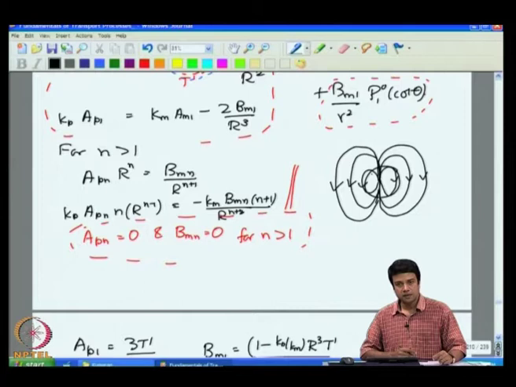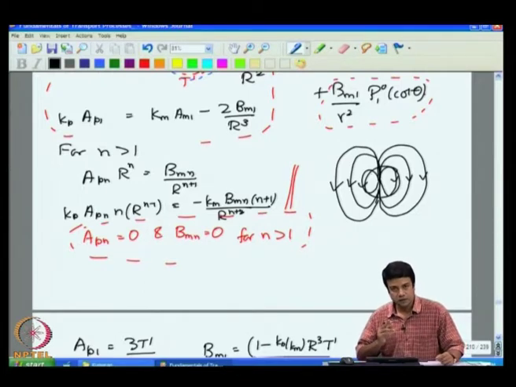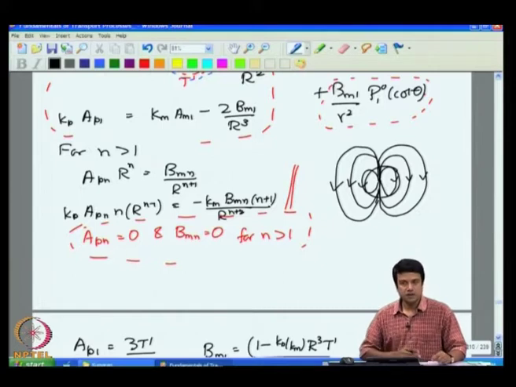So, these are the flux lines due to the dipole, which is aligned along the z axis. In this case, it has to be aligned along the z axis because that is the inhomogeneous direction. That is the direction along which there is a temperature variation.